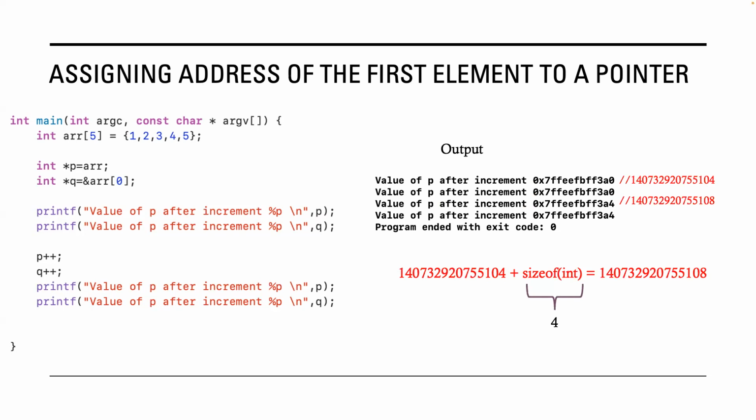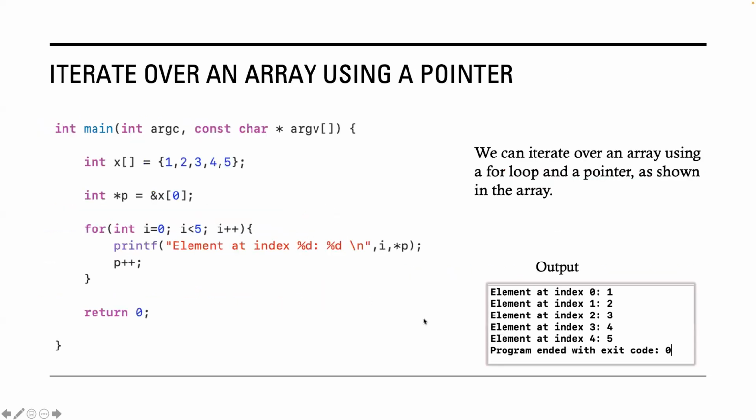Therefore, by using the for loop, we can move from one element to another element in the array using the pointers. So here you can see an array called X, and it has 1, 2, 3, 4, 5 elements.